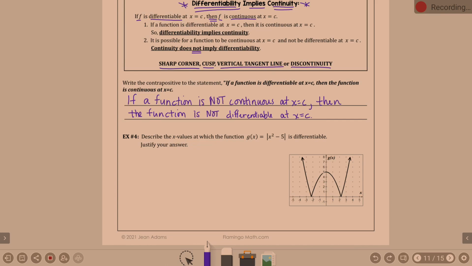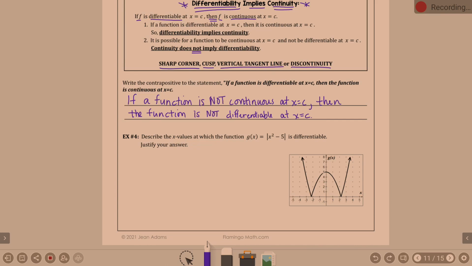Okay, you ready for example 4? Describe the x values at which the function g of x equals the absolute value of x squared minus 5 is differentiable. Justify your answer.